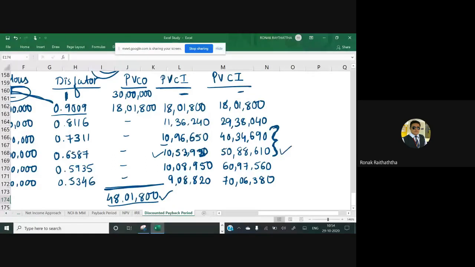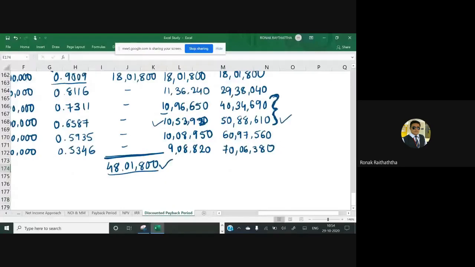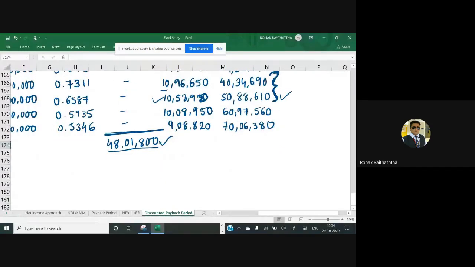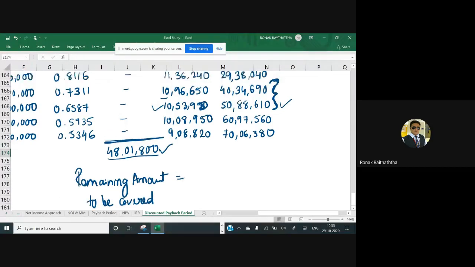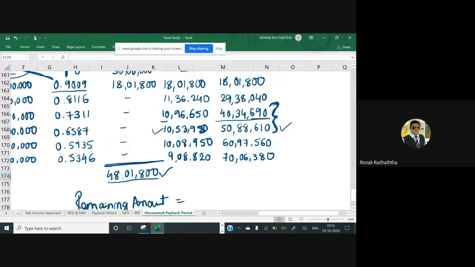Now, the next step of us would be what is the remaining amount to be covered in year number 4? Let's check it further. So remaining amount to be covered. Please try to understand. Up to year number 3, we have covered 40,34,690. In total, we are supposed to cover 48,01,800.